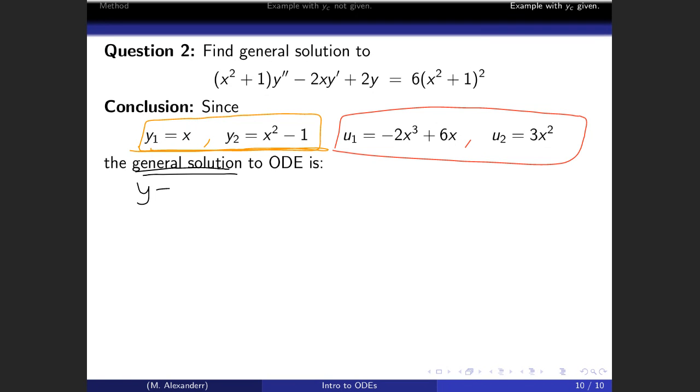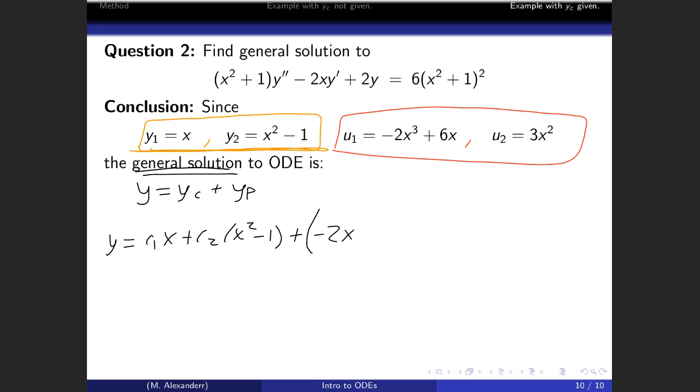And remember that the general solution for a non-homogeneous differential equation is going to be the complementary solution plus the particular solution. All right, so this is going to be a little lengthy to write down. The complementary solution is going to be C1 x plus C2 times x squared minus 1. And now this particular solution is going to be this very lengthy formula.